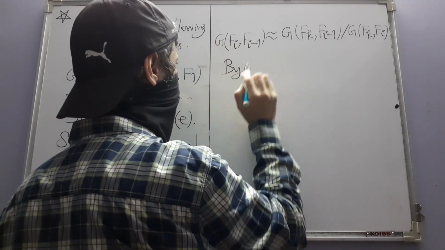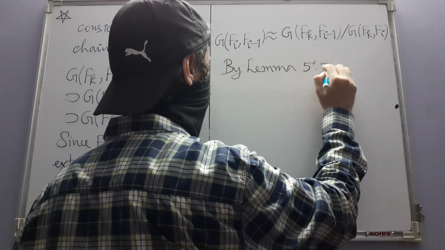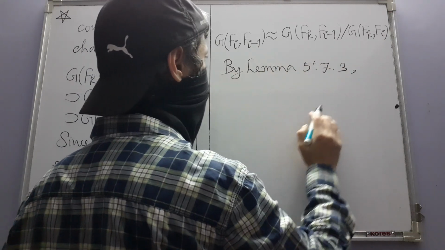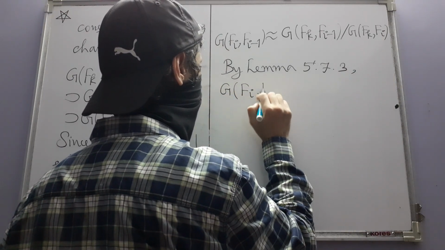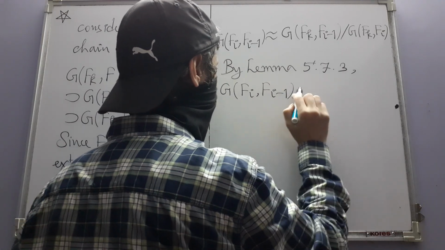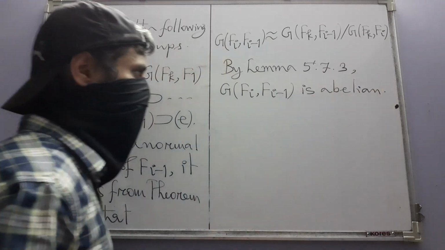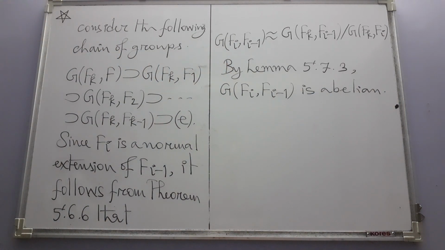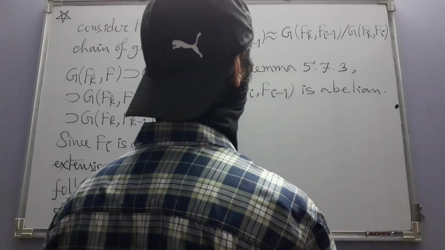By Lemma 573, this group is abelian. How? Exactly in what way have we used Lemma 573 so that we can draw this conclusion? Again, you go back to the situation that we had in that lemma.